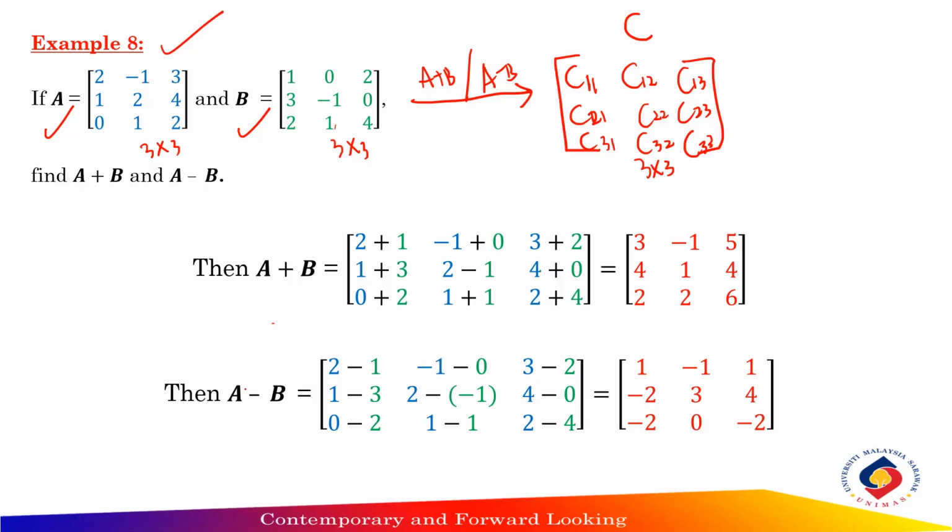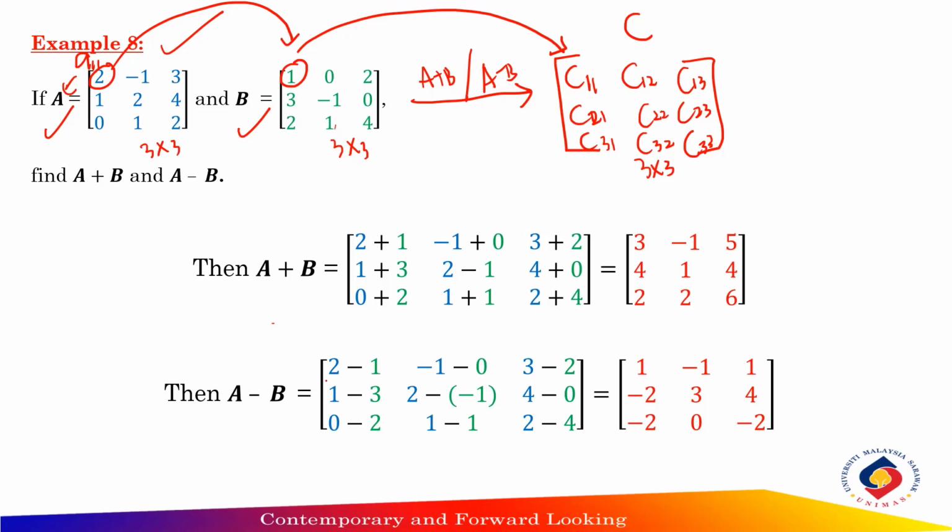Next, the same process will be applied to subtraction of two matrices. As you can see here, the element at row 1, column 1 of matrix A, which is 2, minus the element of matrix B at the same position, which is 1, and then the outcome must be an element of matrix C at the same position, row 1, column 1.